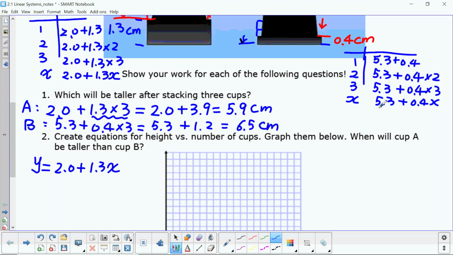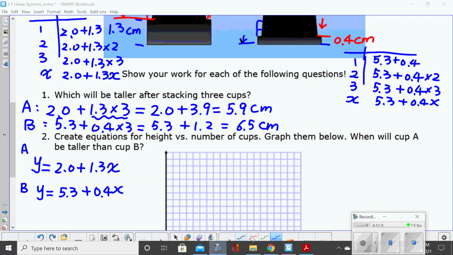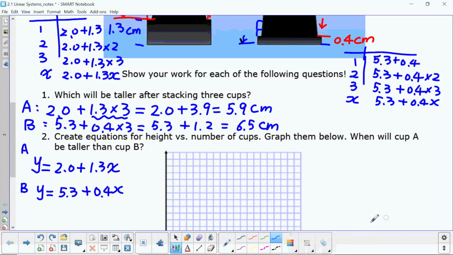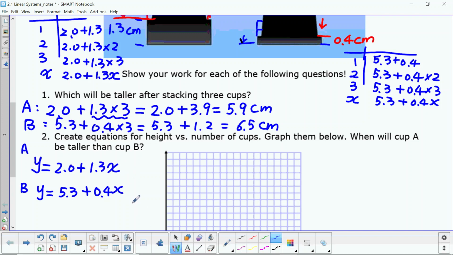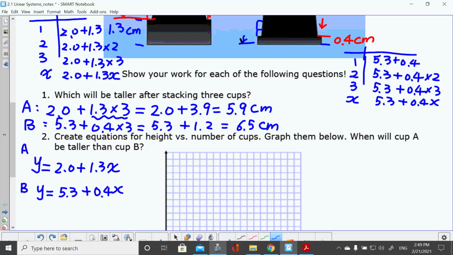And for cup B, we have y equals 5.3 plus 0.4x. So please check these 2 equations. If you have any questions, please raise your hand and ask.